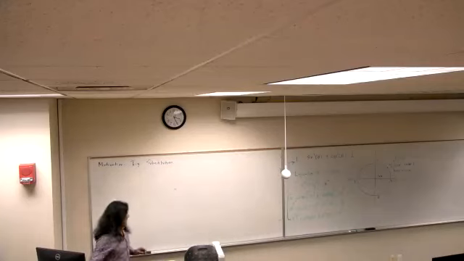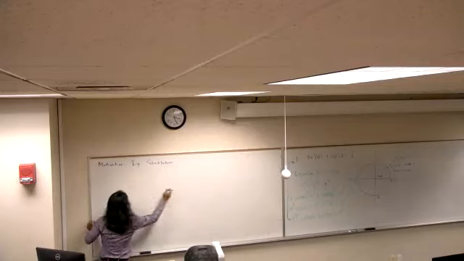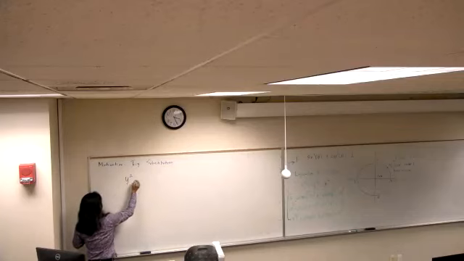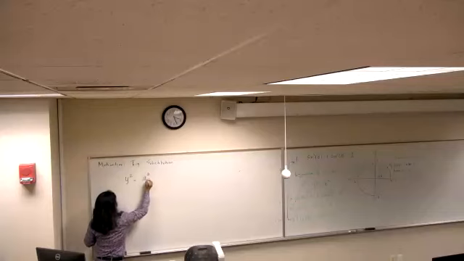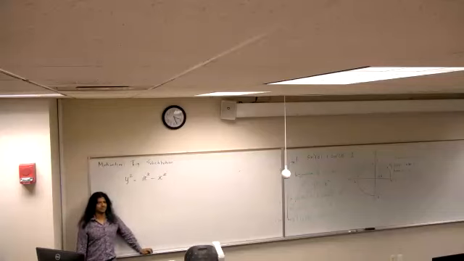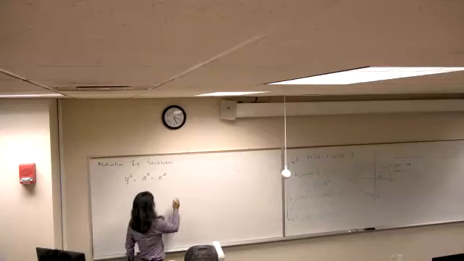Move x squared to the other side. So y squared would be equal to a squared minus x squared. Good. I'm going to take the square root of it.